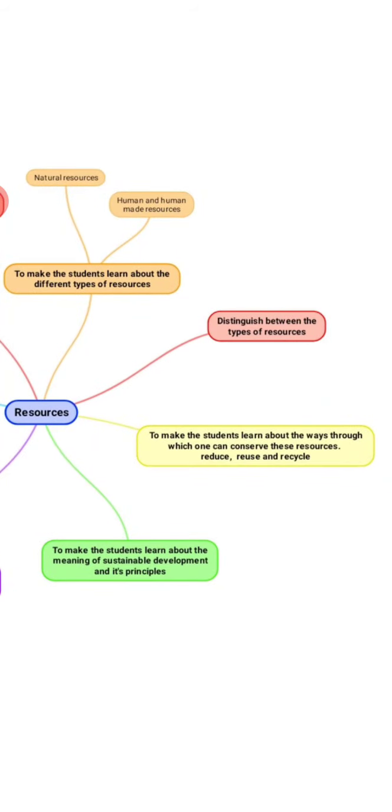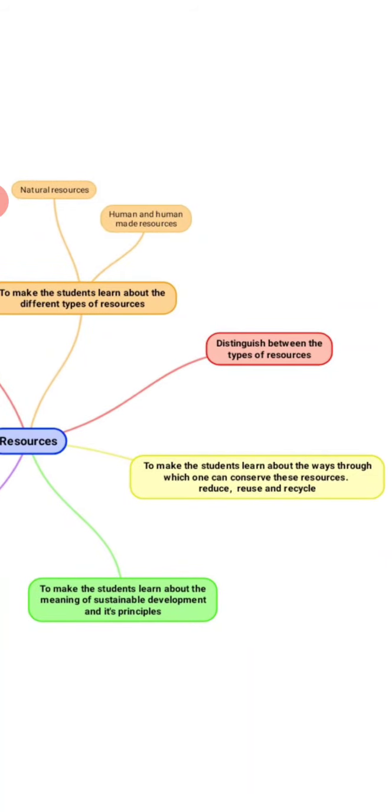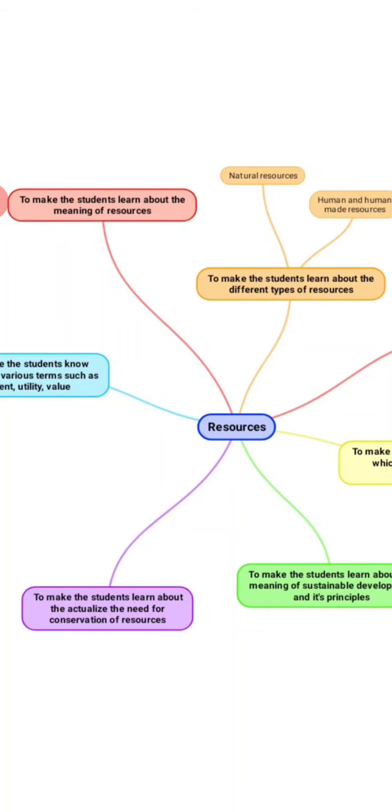We have learned about resource conservation. Using resources carefully and giving them time to get renewed is called resource conservation. It is mainly based on the 3 R's principle, that is reduce, reuse and recycle. We have also learned why we need to conserve our resources.